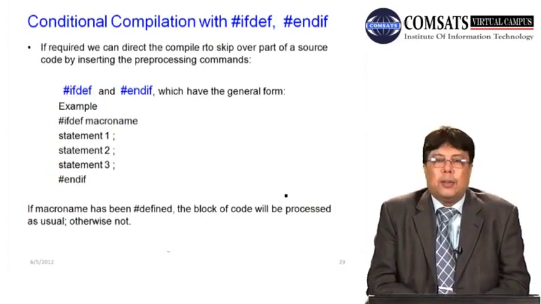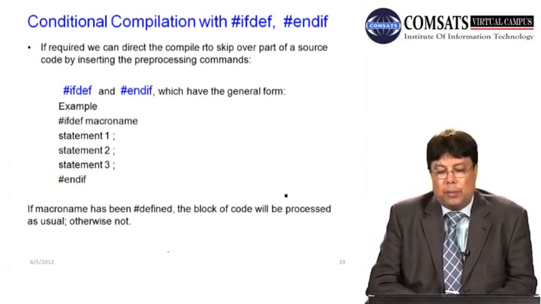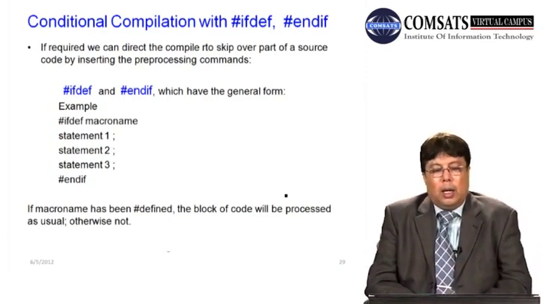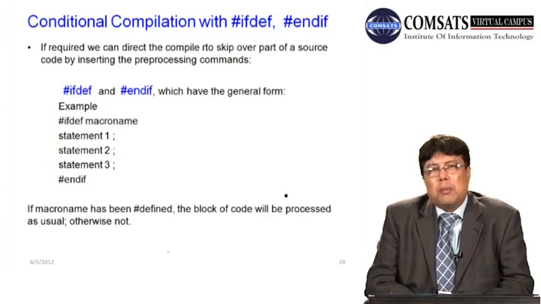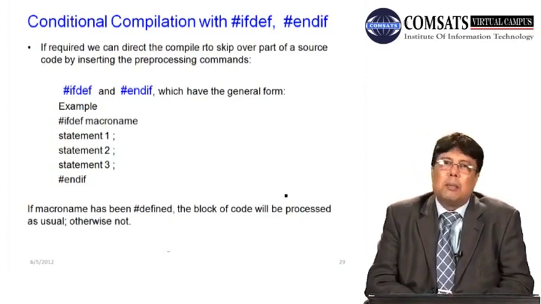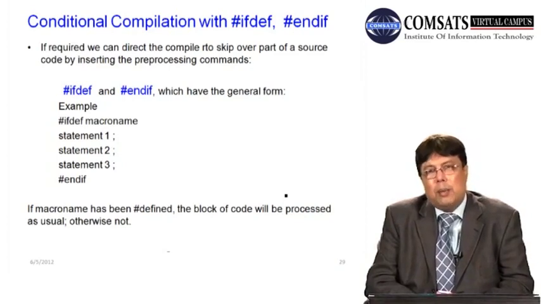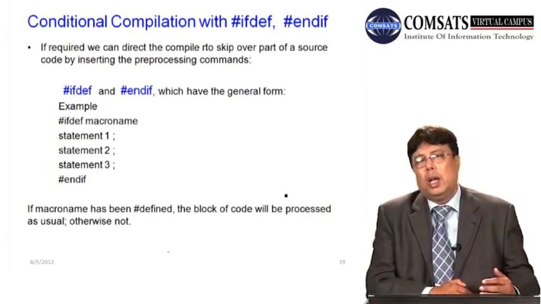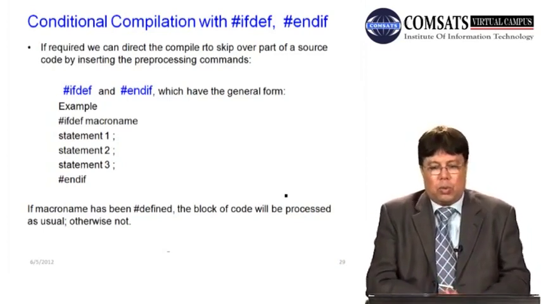Next preprocessor directives is conditional compilation. You can compile the code conditionally, meaning you can skip some code or you can compile some other part of the code. If required, we can direct the compiler to skip over one section of the source code and just compile the other section of the source code.